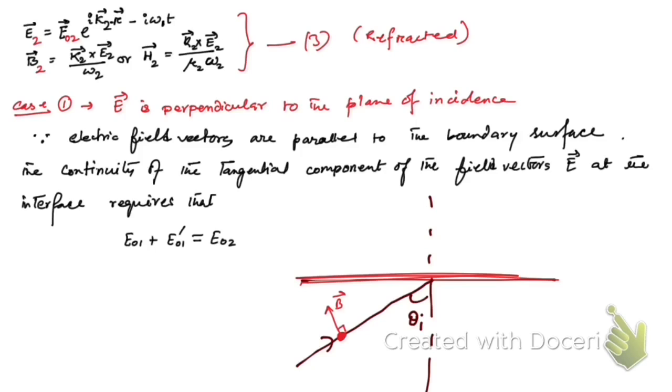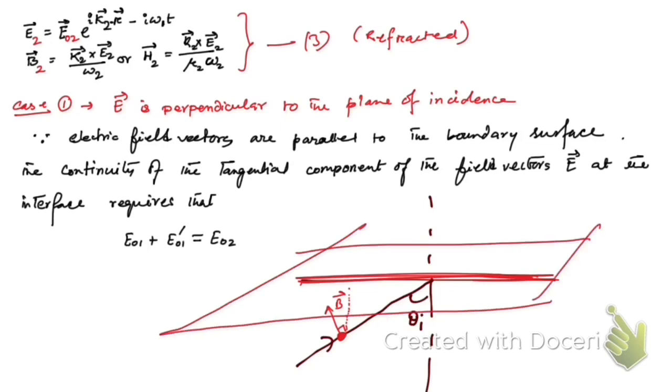Now you see, the tangential components of B. Here you see this boundary is not just a line, it is a plane like this. So this E vector, which is perpendicular to the screen of this device where you are watching, for that vector this boundary plane is parallel, think that way.